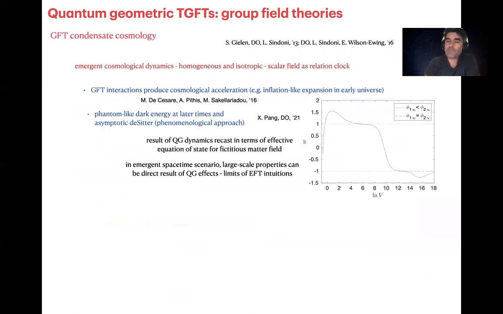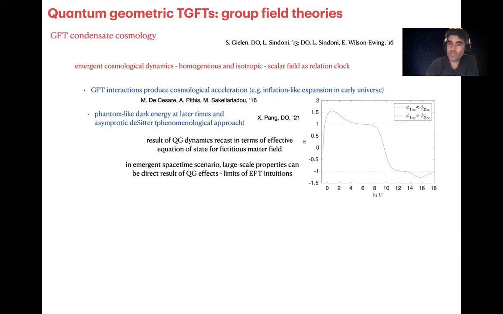Then one can show that generically the group field theory interaction, so the interaction between the building blocks making up the continuum space-time, we know, generates accelerated expansion for the universe, and with appropriate restrictions on the model, but rather generically, one can find that at late times, one has a phantom-like dark energy and an asymptotic de Sitter phase.